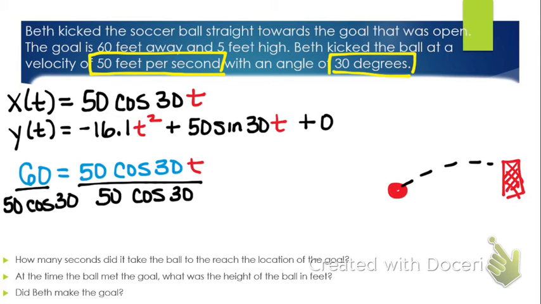So how much time, how many seconds did it take the ball to reach the goal? You should get that it took approximately 1.386 seconds. So make sure that's what you get.